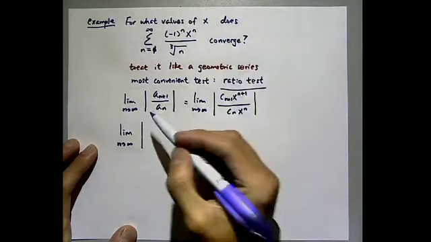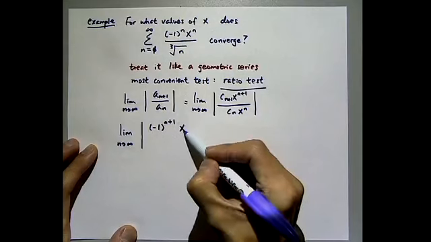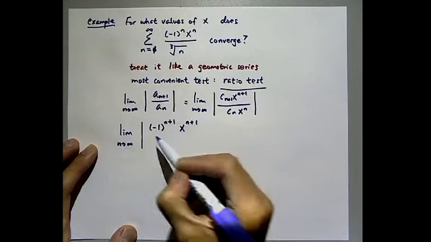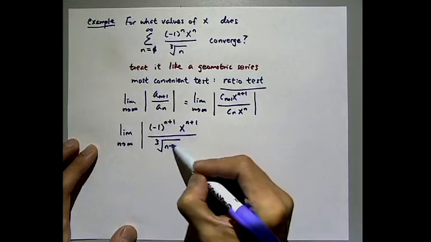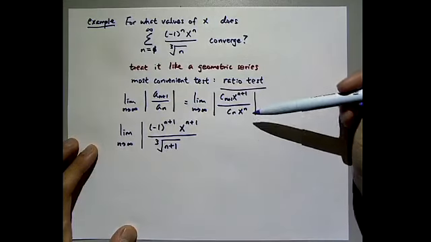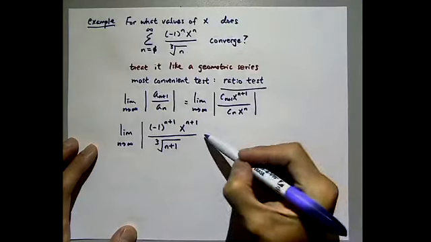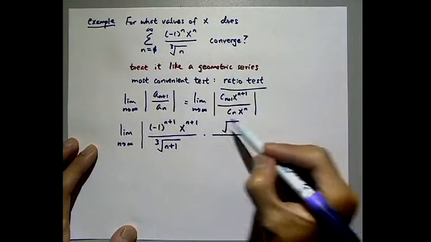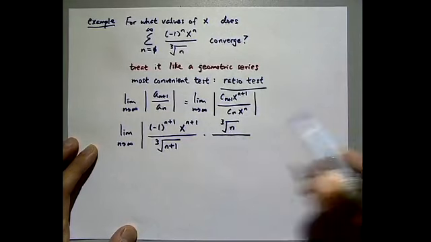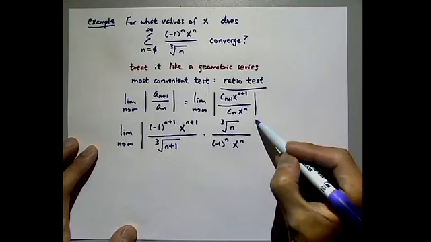Change all of these n's to n plus 1. Divide by the original term. So just like before, we're going to multiply by the reciprocal because we have a complex fraction here.